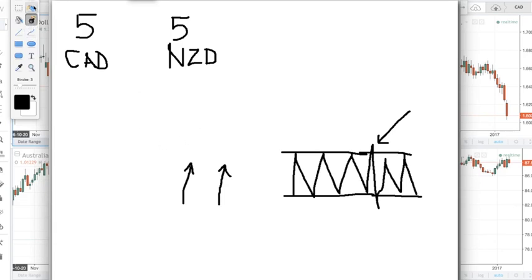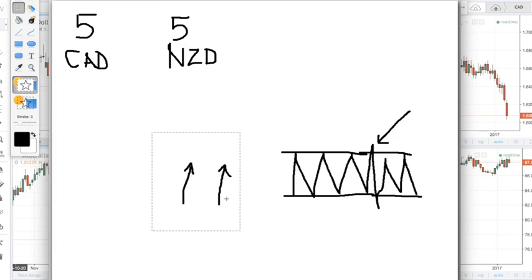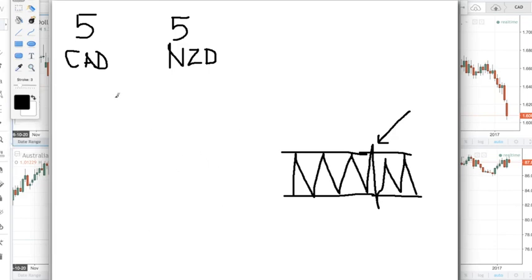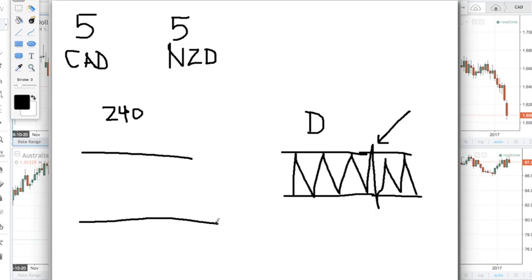If this is the daily, I'm going to show you what this looks like on the 4 hours now. Okay, so this is the 4 hours now. So if this is the daily, this is the 4 hours. On the 4 hours, the same big range, because it's larger, is going to look like this.